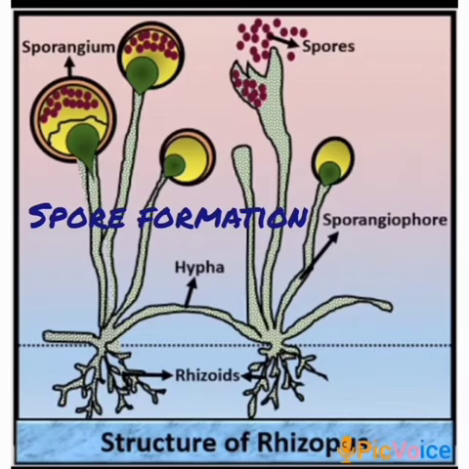The blobs are sporangia which contain spores. The spores are covered by thick walls that protect them until they come into contact with another moist surface. When they come in contact with a moist surface, the sporangia break open and release spores. And these spores can eventually develop into new rhizopus individuals.